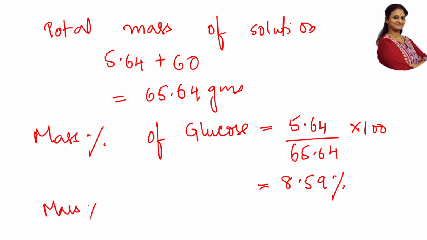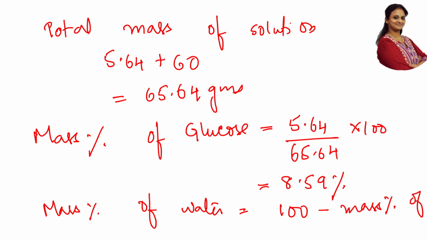Mass percentage of water. How much is weight of water? Should I do it the same way? No. I can do 100 minus mass percentage of glucose, because the remaining part is water only, right? So 100 minus 8.59, which is equal to 91.41 percent. That's all. This is mass percentage. Easy, both.